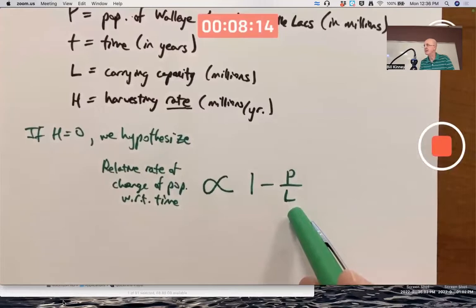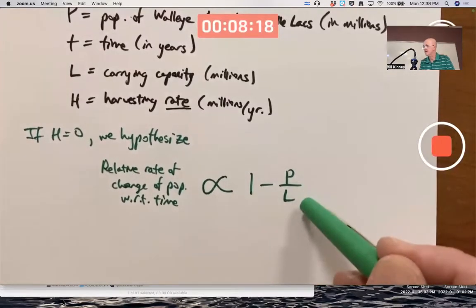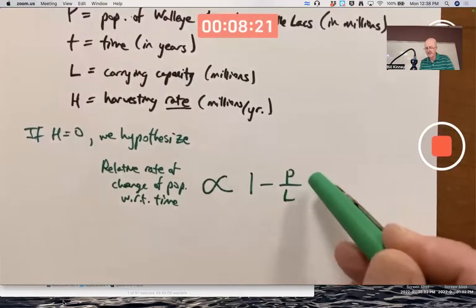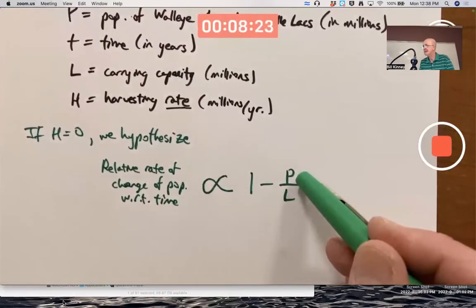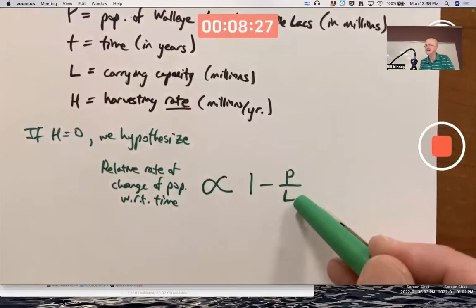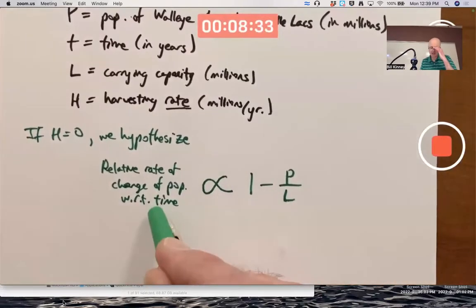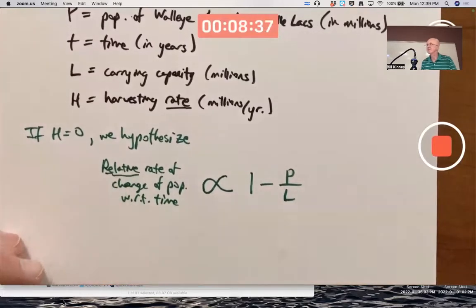On the other hand, if the population is relatively large, close to L, like if L is 10 and P is 9.9, 9.9 divided by 10 is 0.99. 1 minus 0.99 is very close to 0. The relative rate of change is going to be small. By the way, relative means percent rate of change effectively.